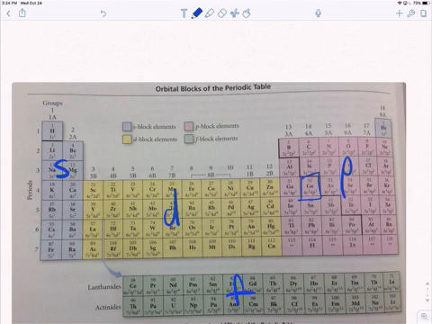And so germanium is going to be 1s squared for the 2 electrons, so 2s squared.